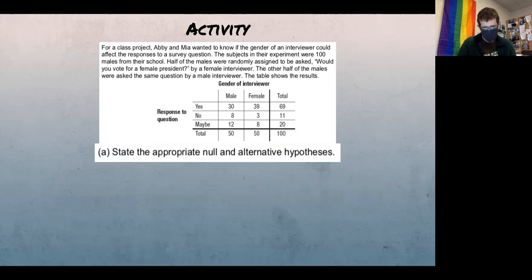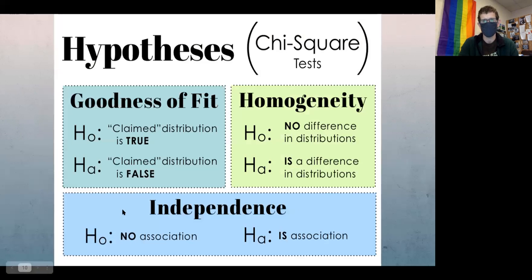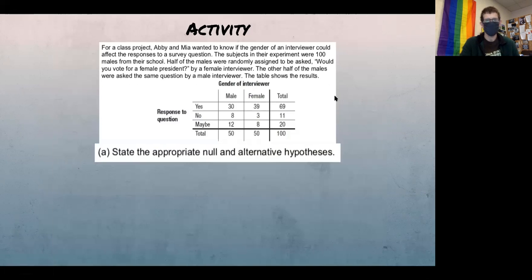All right. So the null and alternative hypotheses here: how do we phrase it? There it is. I forgot exactly how to phrase it. No difference in distributions, or that there is a difference in distributions. Again, there are different ways I could have phrased that. I just wanted to have a consistent one.